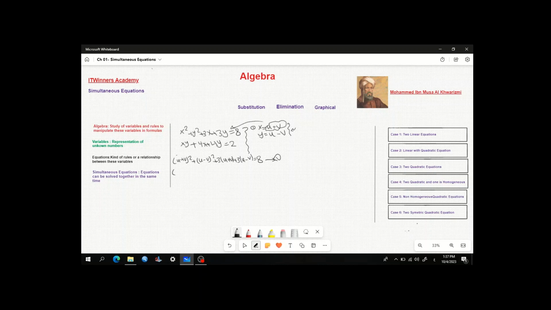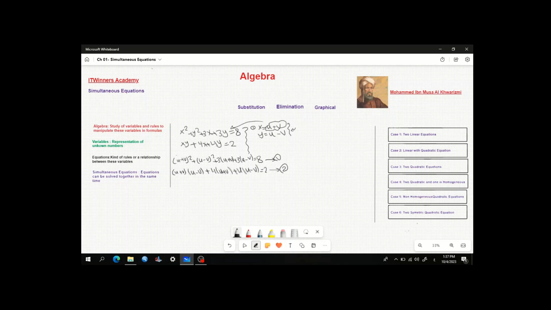Now u plus v times u minus v plus 4 times u plus v plus 4 times u minus v equal to 2.